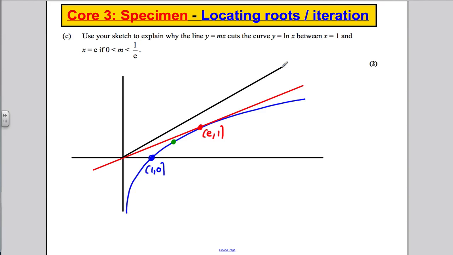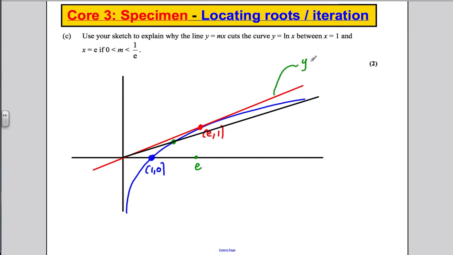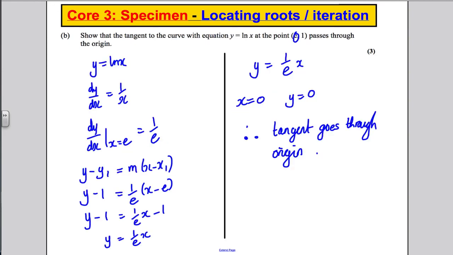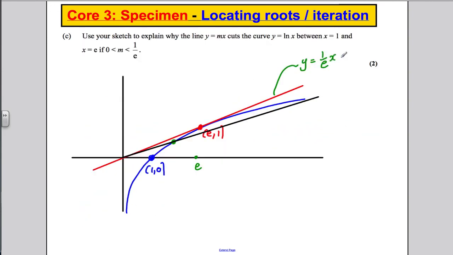But the thing about them is, if m is between 0 and 1 over e, this gradient here had a gradient of 1 over e. So if it's between that, it would be somewhere shallower than that, and therefore it must cut the curve y equals ln x somewhere between 1 and e, because it is shallower than the tangent we drew previously, which had equation y is equal to 1 over e x. And that's it.